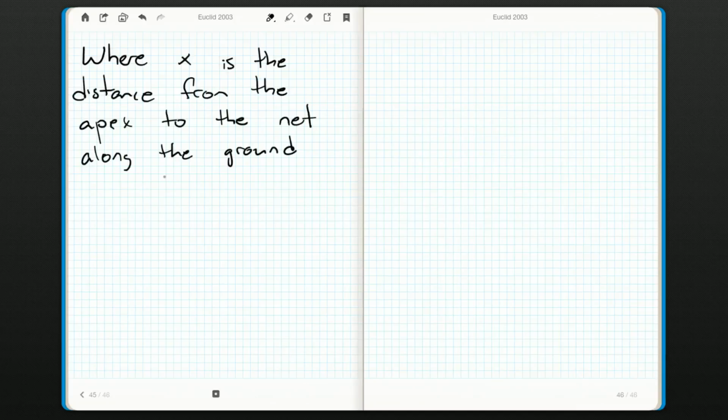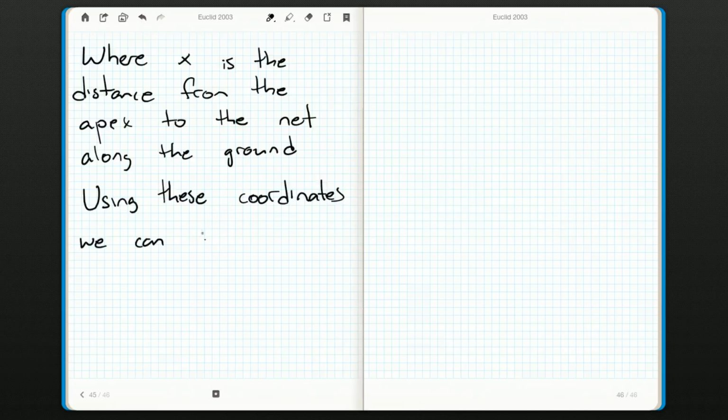So we've introduced our coordinates. Using these coordinates, we can see the apex, or the vertex, of our parabola is at 0, 100.